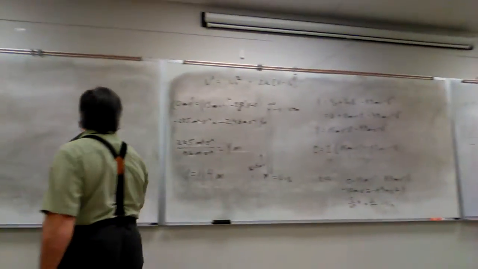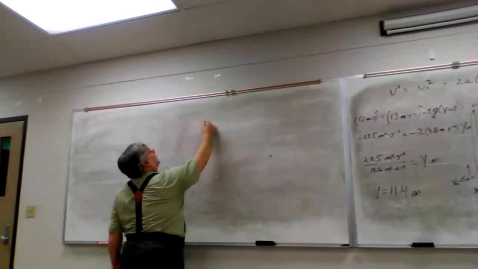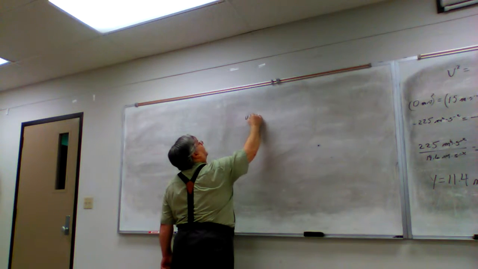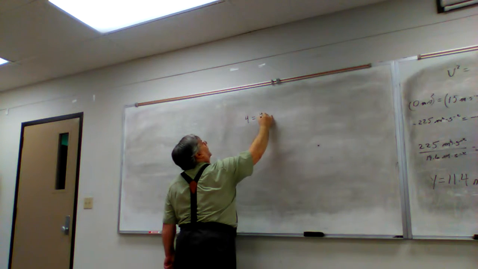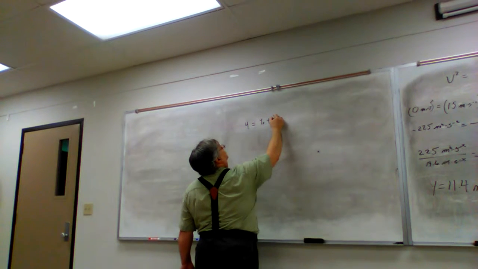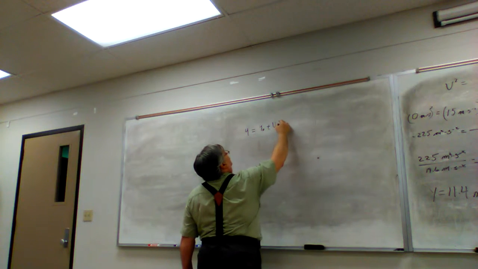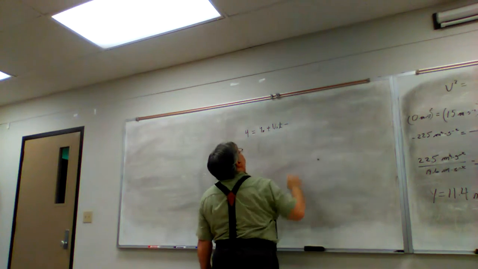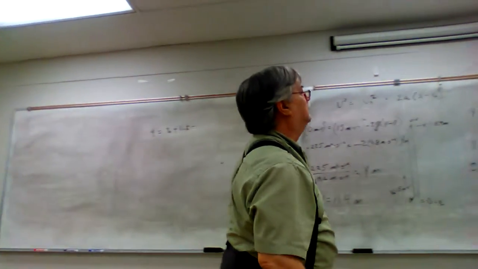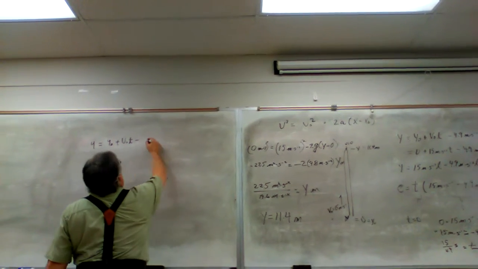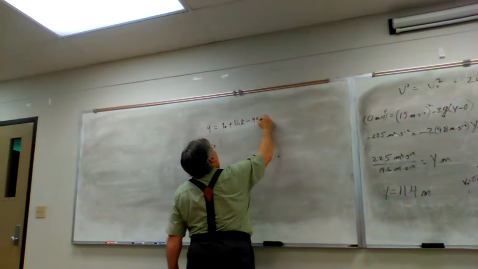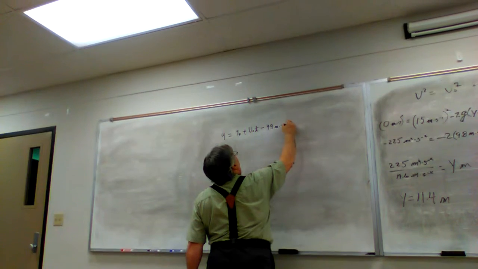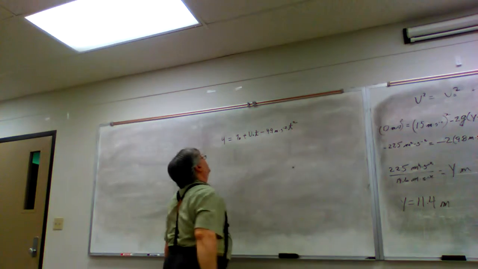Everyone see what I'm doing? We're starting off with y equals y naught plus v naught t minus, am I doing that right? Yeah. Minus 4.9 meters per second squared times t squared.